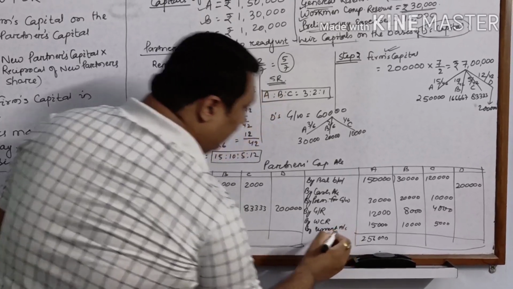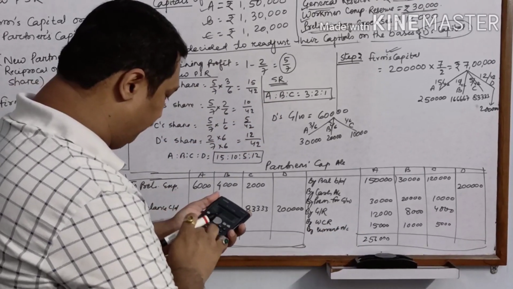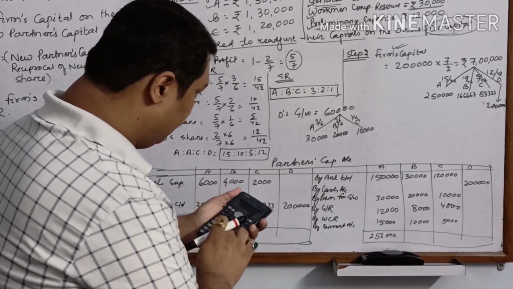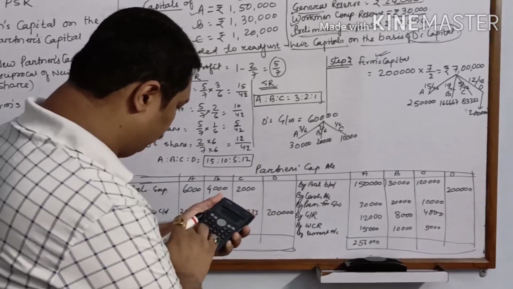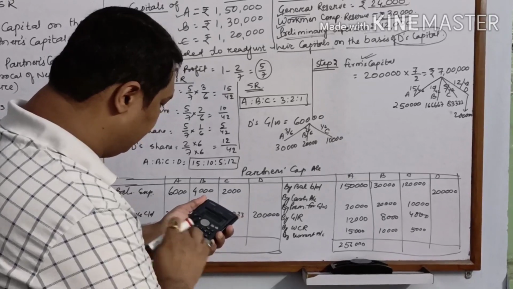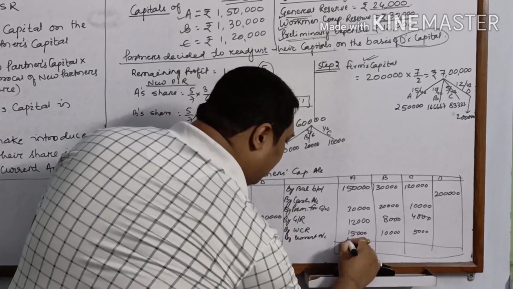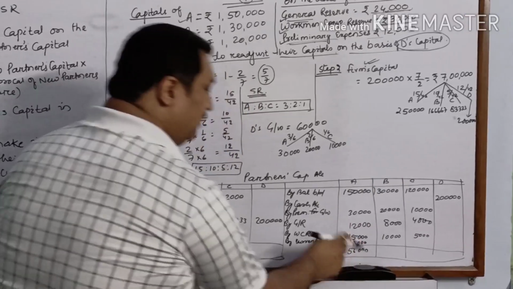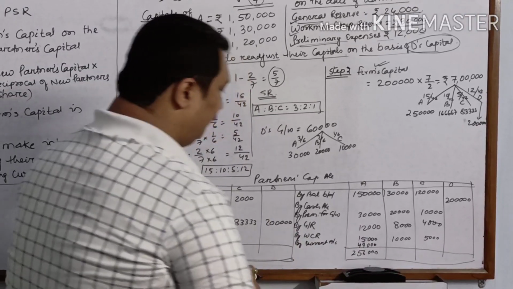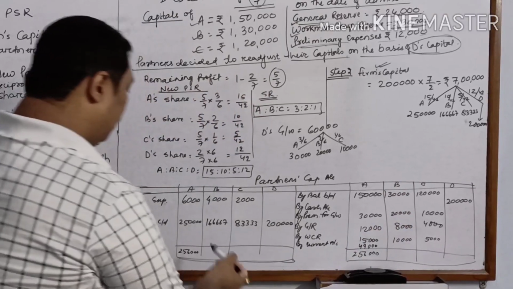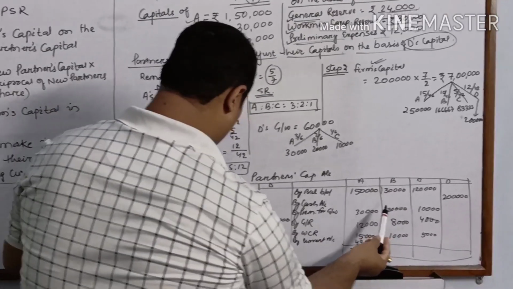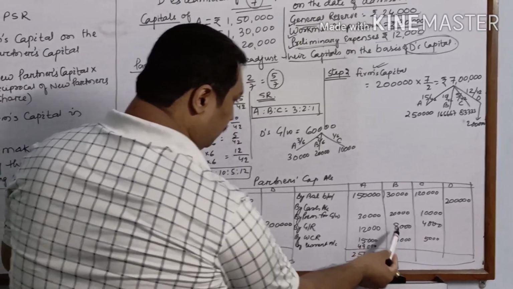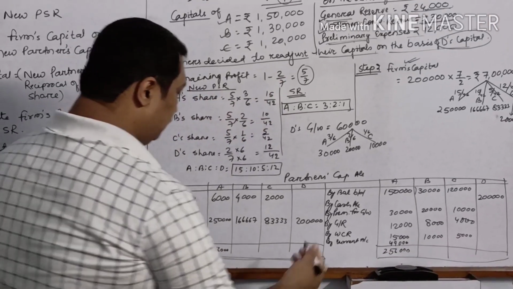We will write the balance in A's 2,56,000 minus 1,50,000 minus 42,000 minus 15,000. It is rupees 49,000. That means he will have to bring this much capital. B's obviously 1,30,000, 1,50,000, 60,000, 1,68,000.